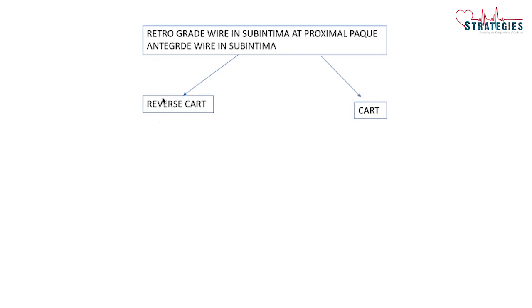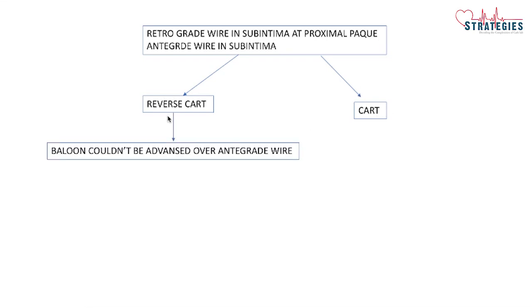I would always try reverse CART as a first strategy, then think of CART if this doesn't work out. In the contemporary CTO scenario, reverse CART is the most commonly used technique to connect antegrade and retrograde spaces.